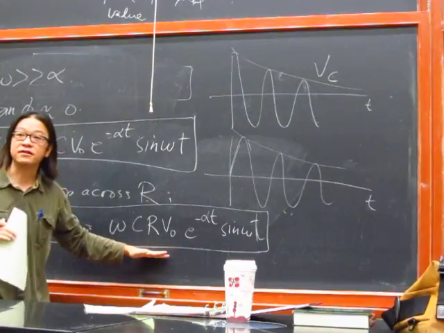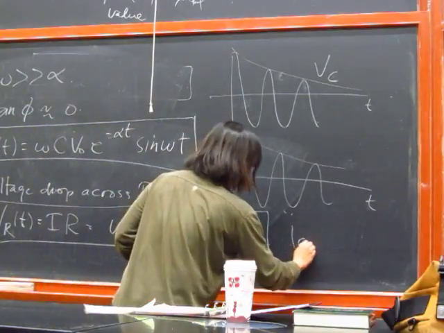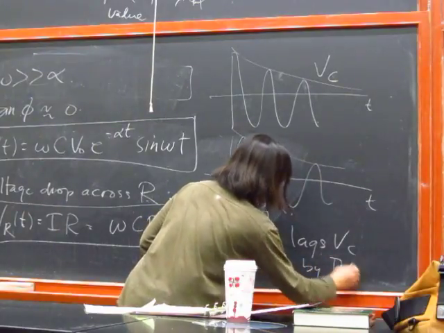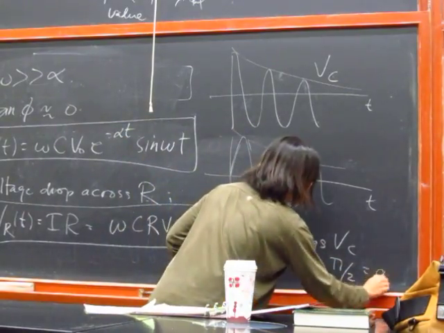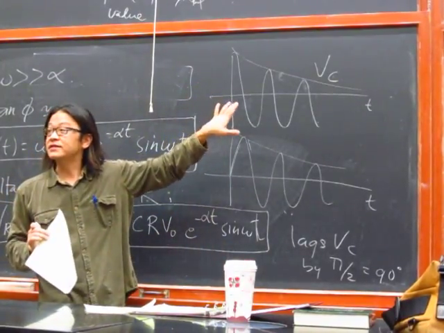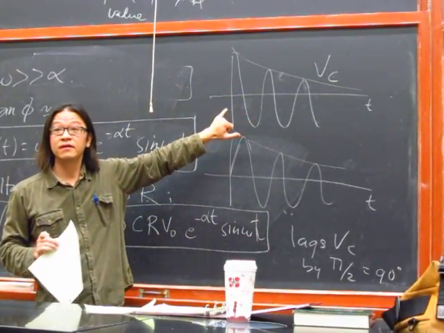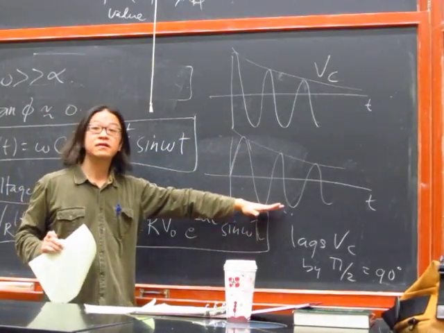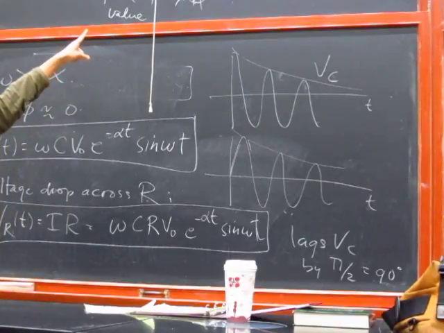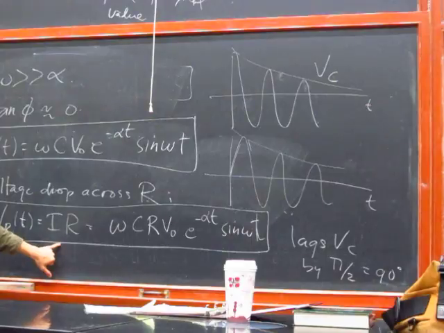The voltage across the resistor lags by pi over 2, about 90 degrees. So the voltage across the capacitor is ahead by 90 degrees compared to the voltage across the resistor. That's the voltage across the capacitor, and this is the voltage across the resistor.